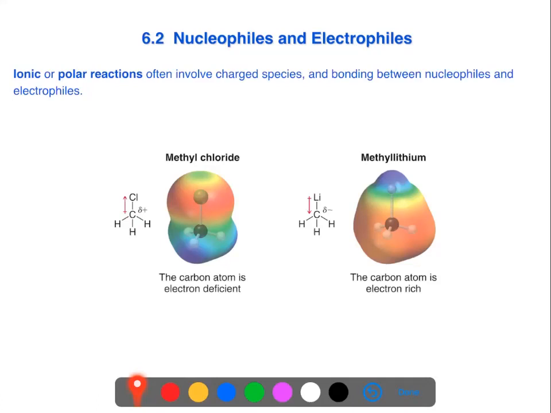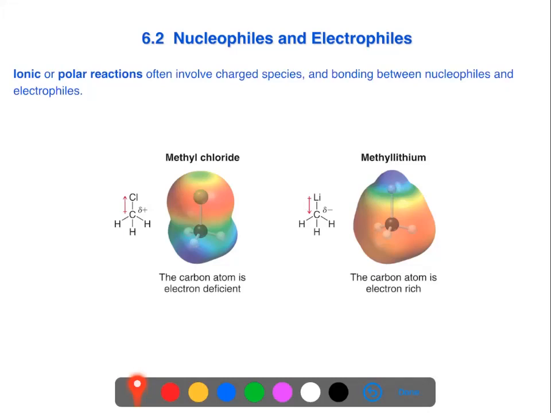In the other example of methyl lithium, we see the complete opposite scenario, where now the dipole moment is directed towards the carbon center, which is going to leave a partial negative charge on carbon. That's due to the fact that lithium has a much lower electronegativity than carbon. So in fact, the electron density in this carbon-lithium bond primarily resides on the carbon atom.